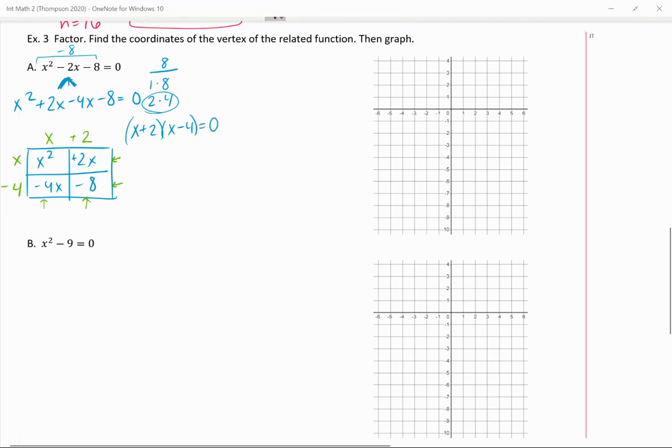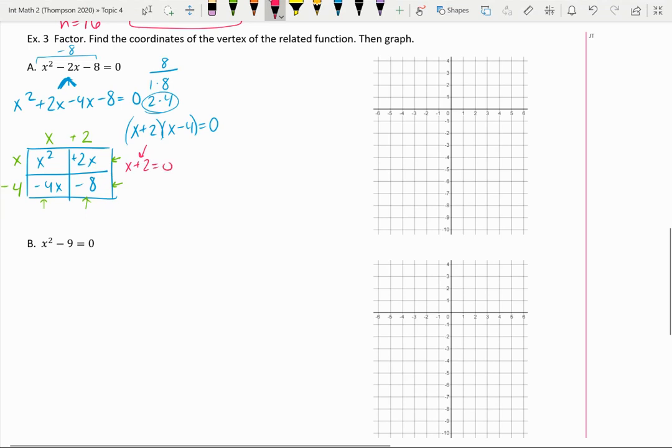And you're like, so what? What does factoring have to do with graphing? Well, now that I have this in factored form, I can use my zero product property, which says I take each factor and set it equal to 0. That's going to give me my x values, which are my x-intercepts.